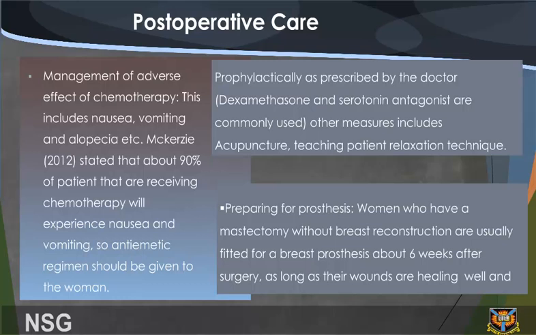Management of adverse effects of chemotherapy. This includes nausea, vomiting, and alopecia, etc. McKenzie, 2012, stated that about 90% of patients that are receiving chemotherapy will experience nausea and vomiting, so an alternative regimen should be given to the woman.